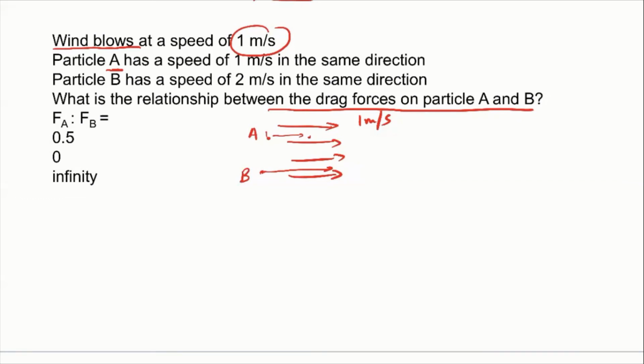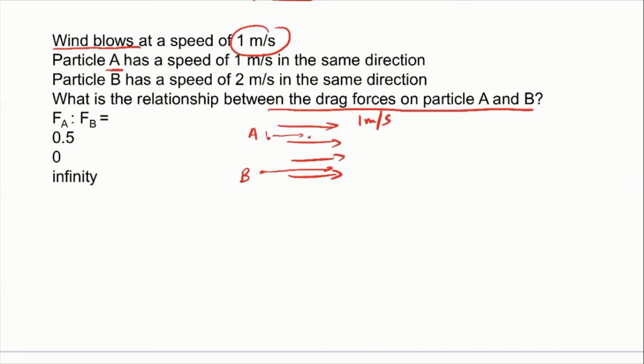Because it doesn't have any relative velocity, the drag force is zero. Does that make sense? Okay, so only when the particle has a relative velocity, then there's a drag force. So then it doesn't matter about particle B, right? Particle B moves faster than the flow, so there is drag force. So if you take the ratio between these two forces, it's going to be 0.